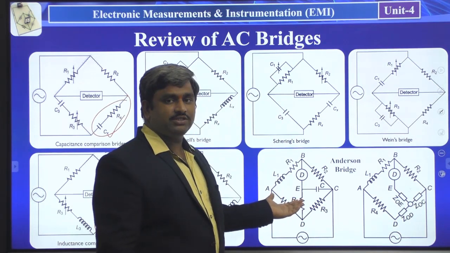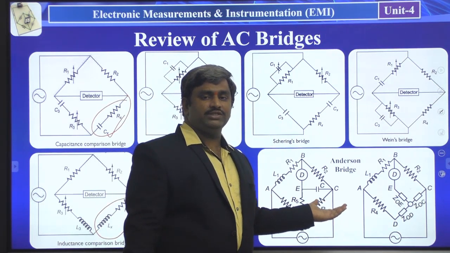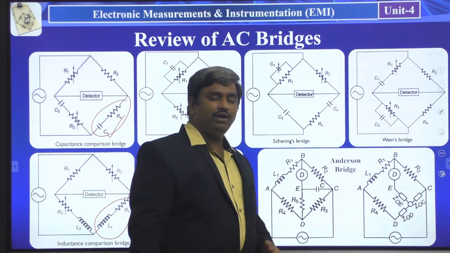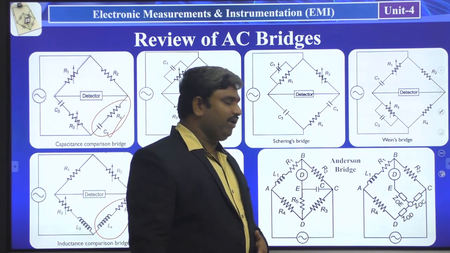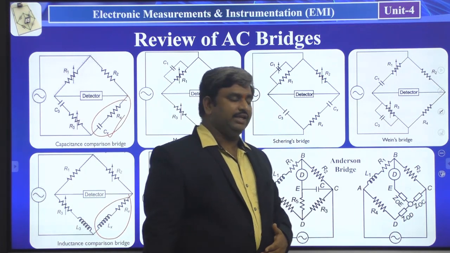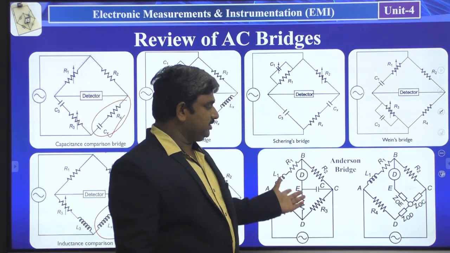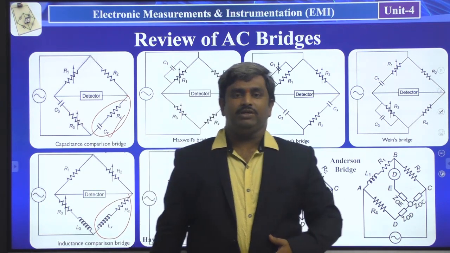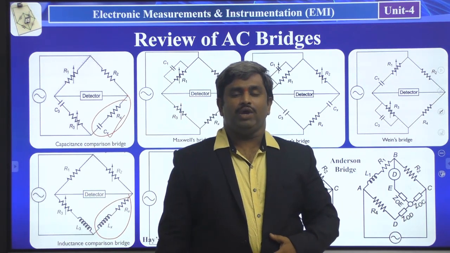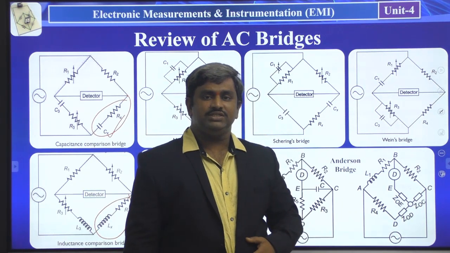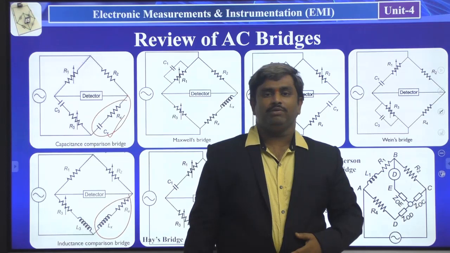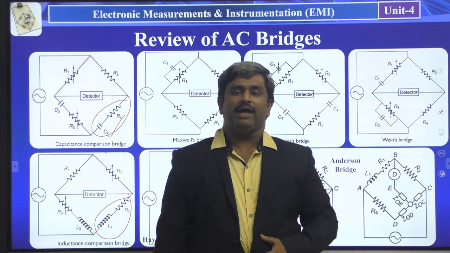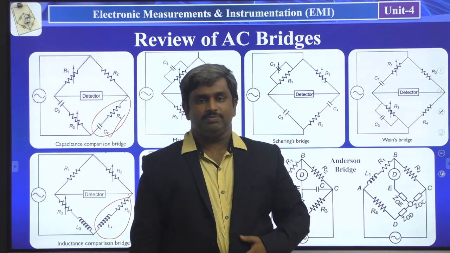With the help of Anderson's bridge, we are measuring in the first arm unknown inductance and resistance values, that is R1 and L1 values, where these 2 components are in series. So this is about Anderson's bridge. So these are the total 7 AC bridges. We have to practice all the bridges in a perfect way, and we have to remember what are the configurations and connections and what are the bridge balancing conditions we have for these bridges.